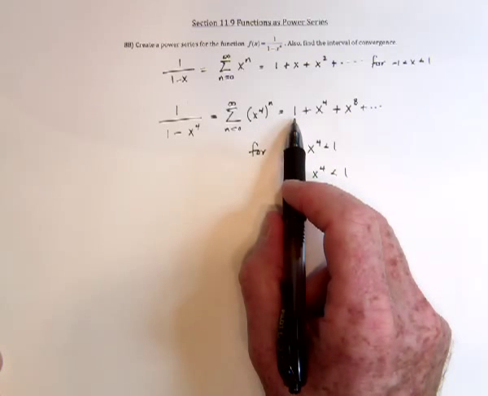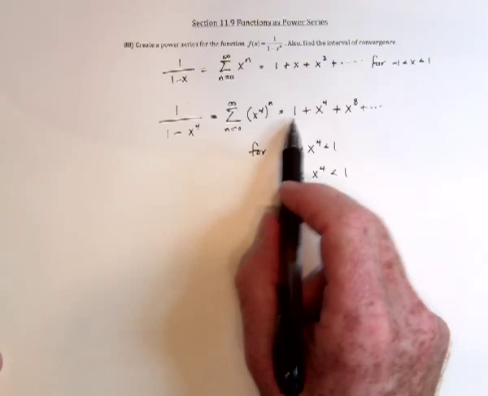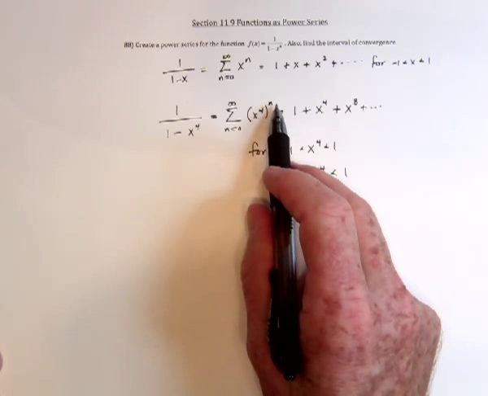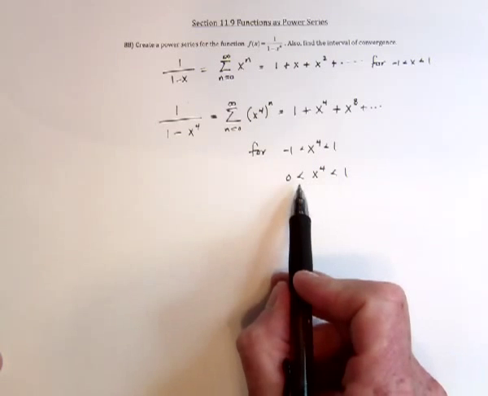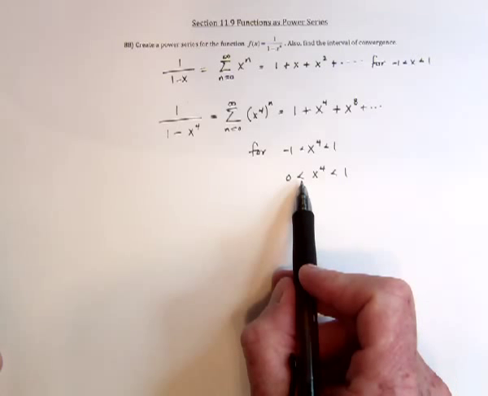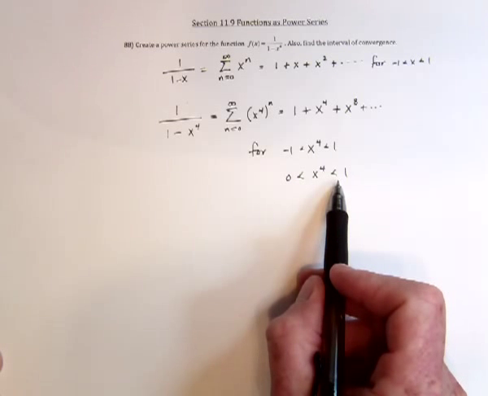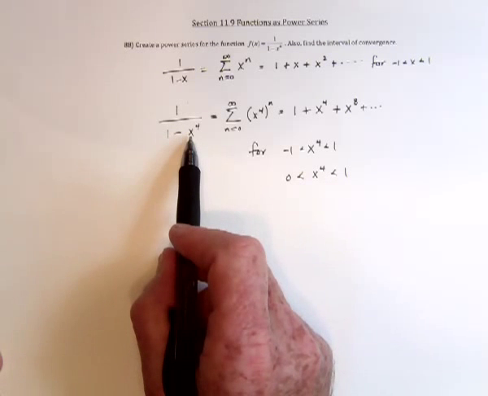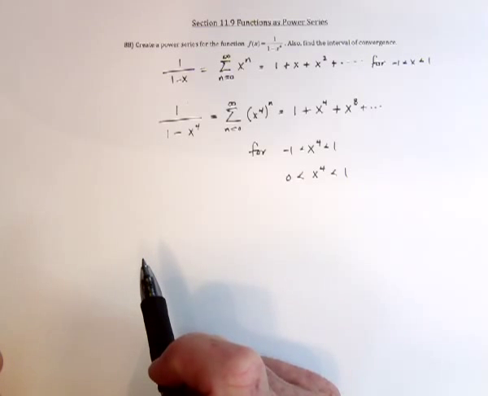We would have 0 to the 0 as the first term. 0 to the 0? No, that's not possible. So this is not supposed to be an equals on the 0. Is it supposed to be an equals on the 1? If we have a 1, this would be 1 minus 1. That's division by 0, so no, that's not going to work.